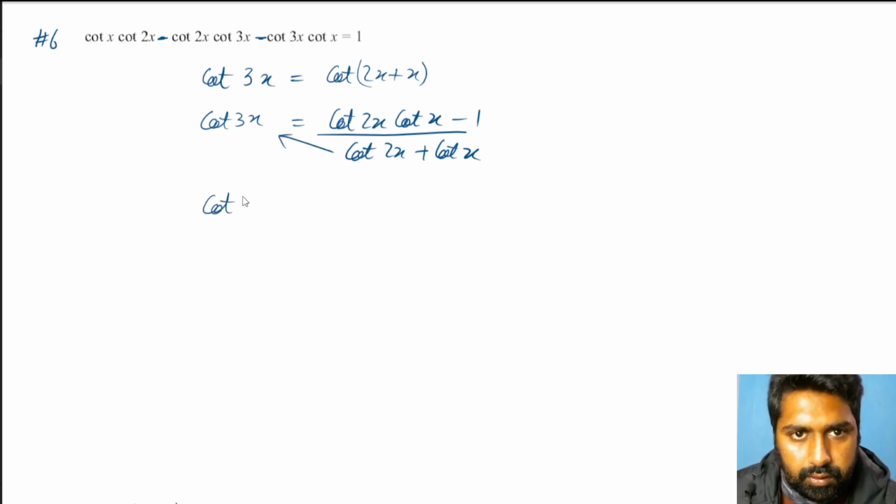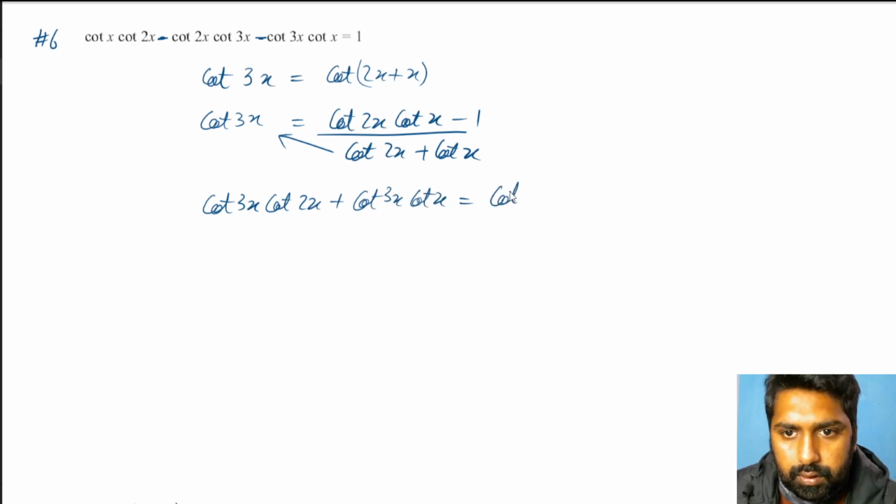So this becomes cot 3x cot 2x plus cot 3x cot x is equal to cot 2x cot x minus 1.